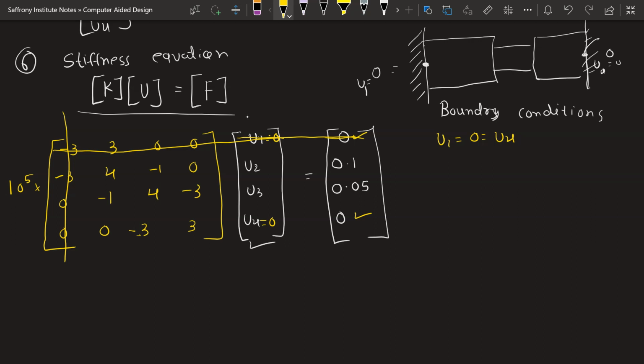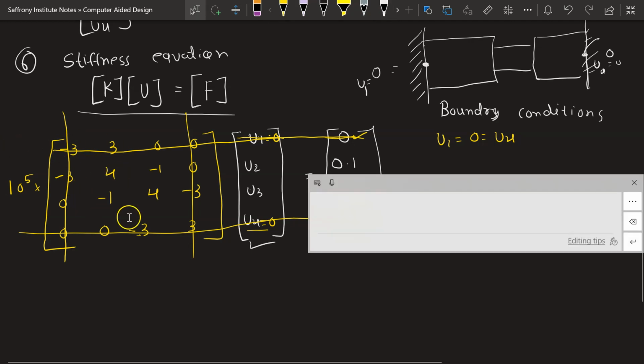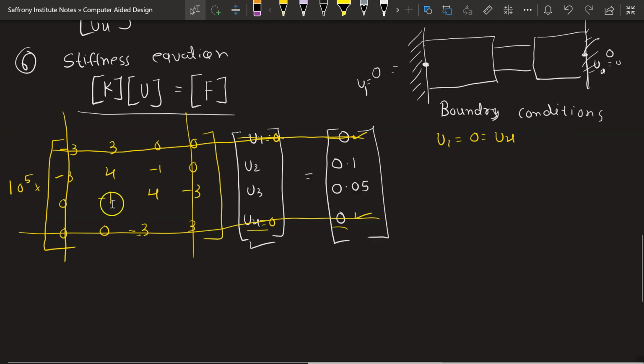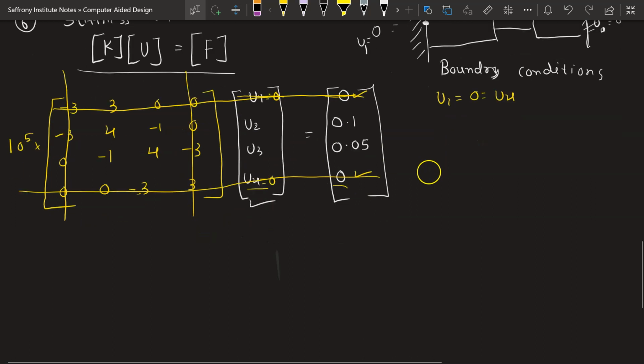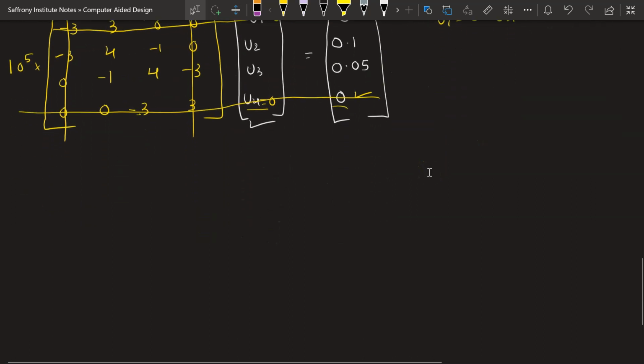Similarly, the last row has 0 values, so the last row and the fourth column get disconnected here. Now we can solve this equation with the values that are left. We'll write them down in the next step as a separate matrix, and on that basis we will find the answer.